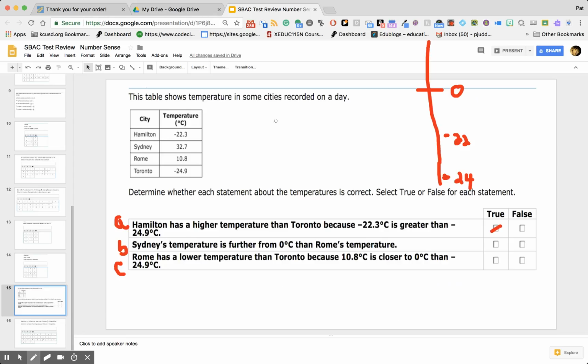Now we're looking at Sydney's temperature. And the statement is Sydney's temperature is further from 0 than Rome. Sydney has 32. Rome has 10.